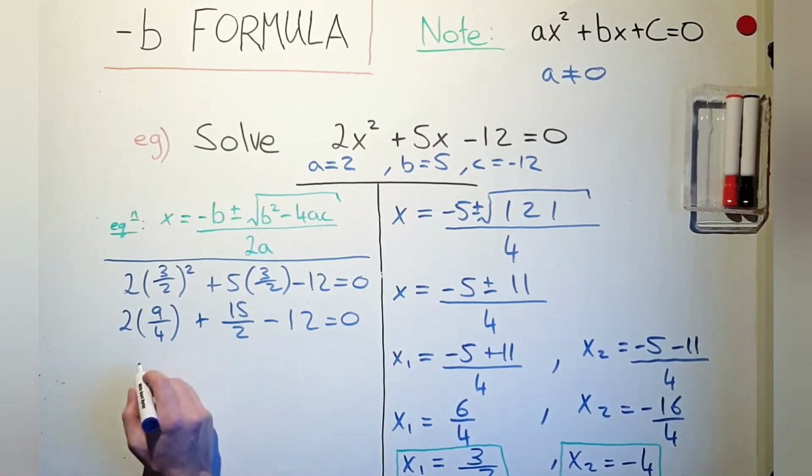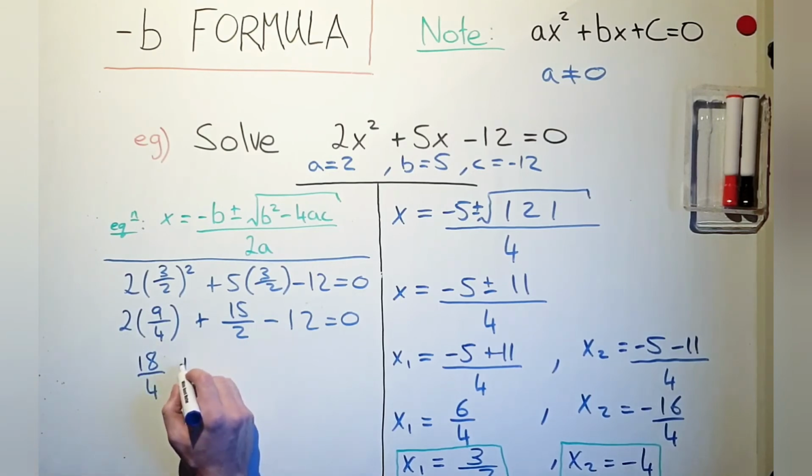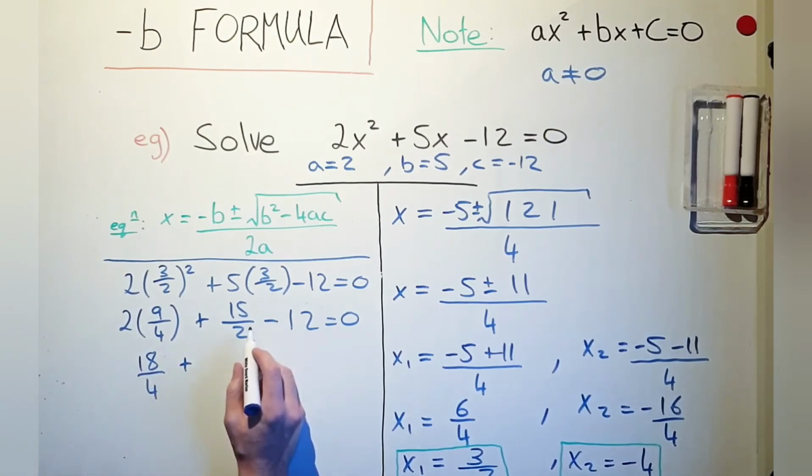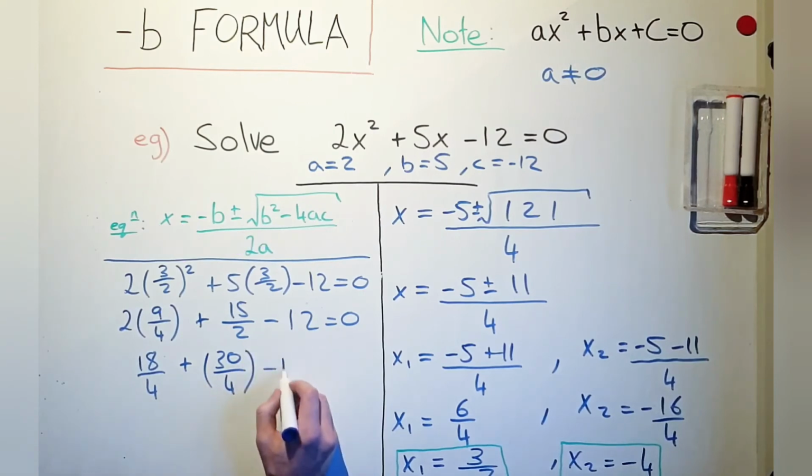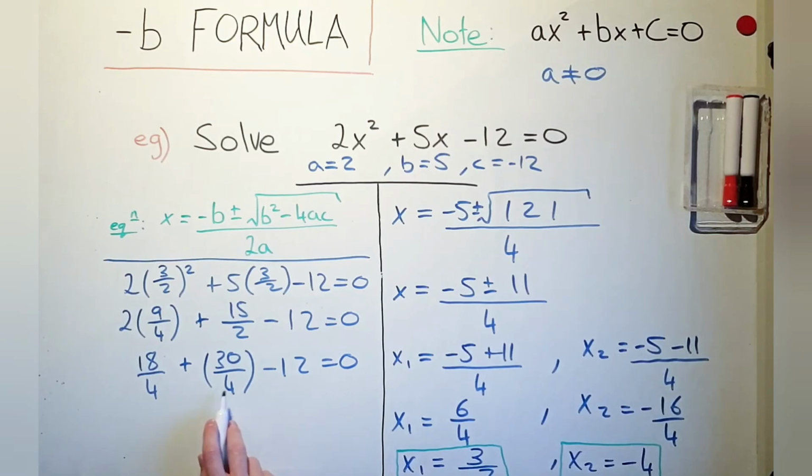Okay, so then this is going to equal 18 over 4 plus, I'm going to multiply that by 2, so that's going to be 30 over 4 minus 12 equals 0. And then to get rid of this denominator, I'm just going to multiply across by 4. So if I multiply across by 4, they're going to cancel.